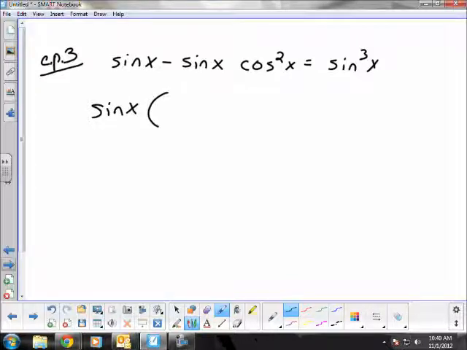Now, what's left in the first term when I factor out sine of x? 1. And there's my minus sign. And then what's left in the second term? Cosine squared of x. Now, if sine squared plus the cosine squared is equal to 1, what is 1 minus the cosine squared? Sine squared, right? Does everybody understand that?